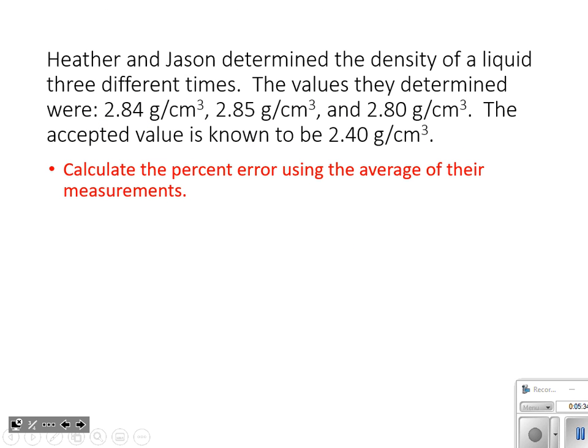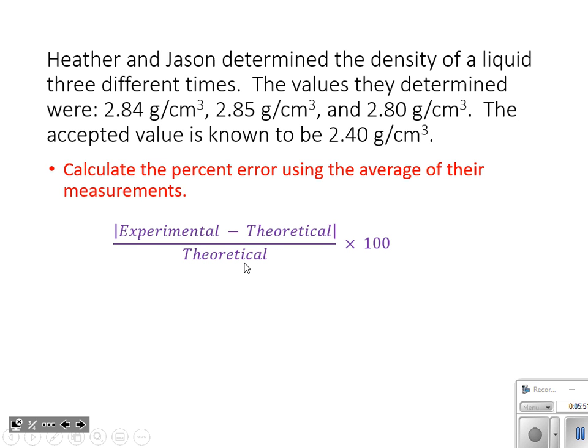Calculate the percent error using the average of their measurements. Hopefully, percent error is getting easier for us folks, but I still see some people flopping, okay? I see people flopping the experimental and the theoretical values, all right? Now, I need to find out what is experimental, what we did there.